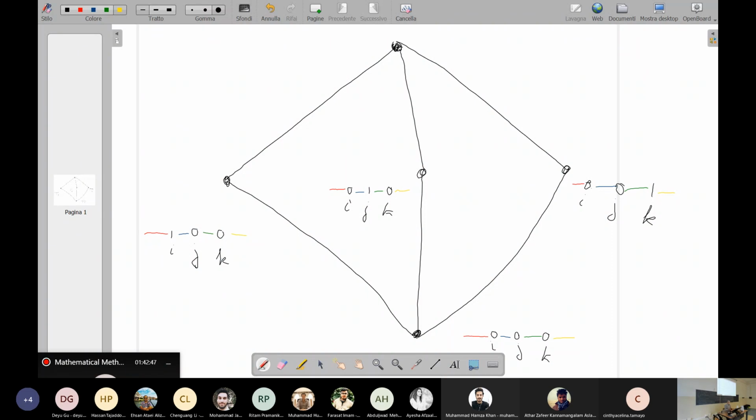So far, no problems. But look at what we have here. Okay? Here, what should we have? This and this must differ by just one coordinate, always because of the same reason, because they are joined by an edge. And so let's say that here we have the same red string, and what about what we have here?